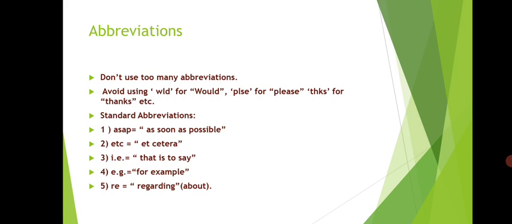So these are some standard abbreviations. You can use the standard abbreviations in mails, but avoid abbreviations that look like you are not bothered to write words in full. So don't use too many abbreviations. That's very important. You have to be sure to use standard abbreviations.